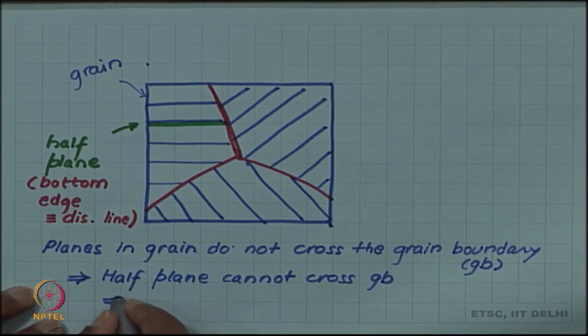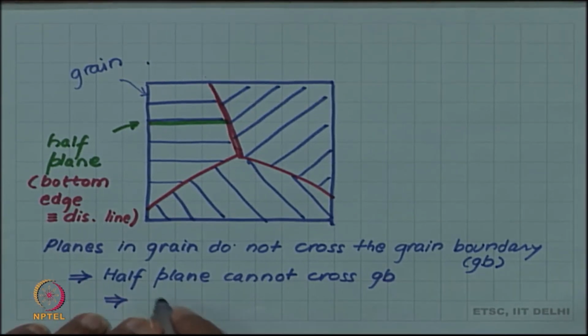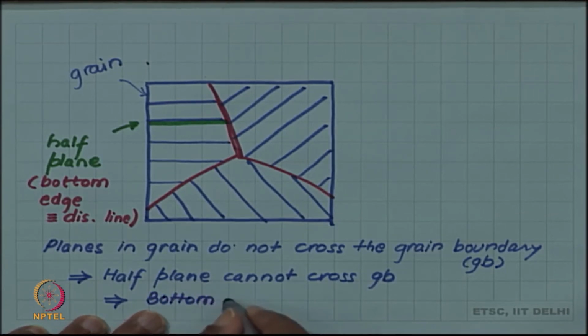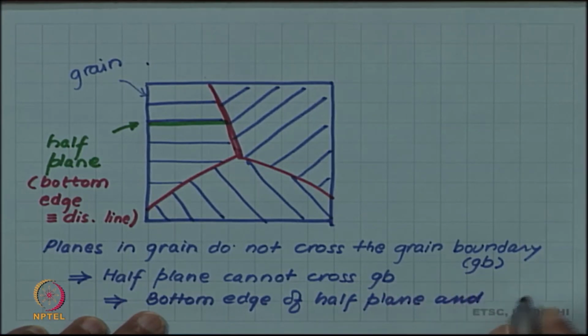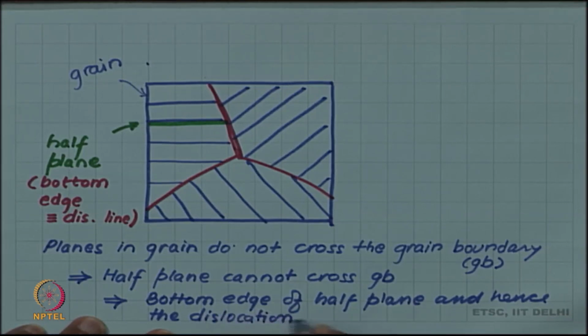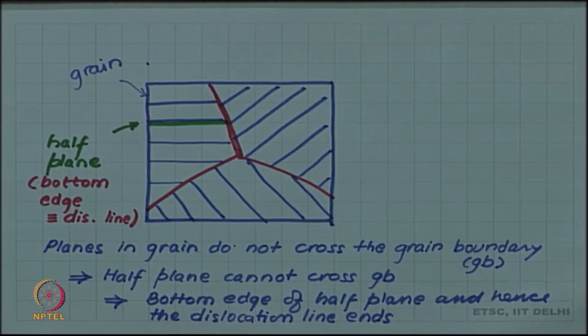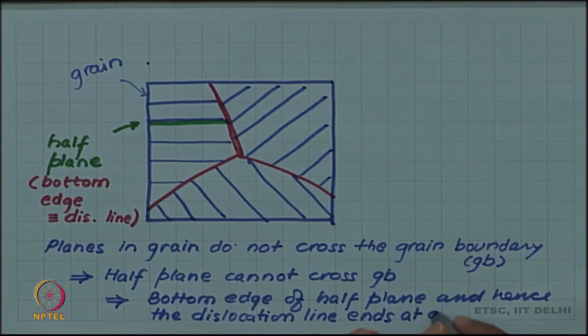So, this will obviously say that the bottom edge of the half plane, which is the dislocation line, and hence the dislocation line ends at the grain boundary.